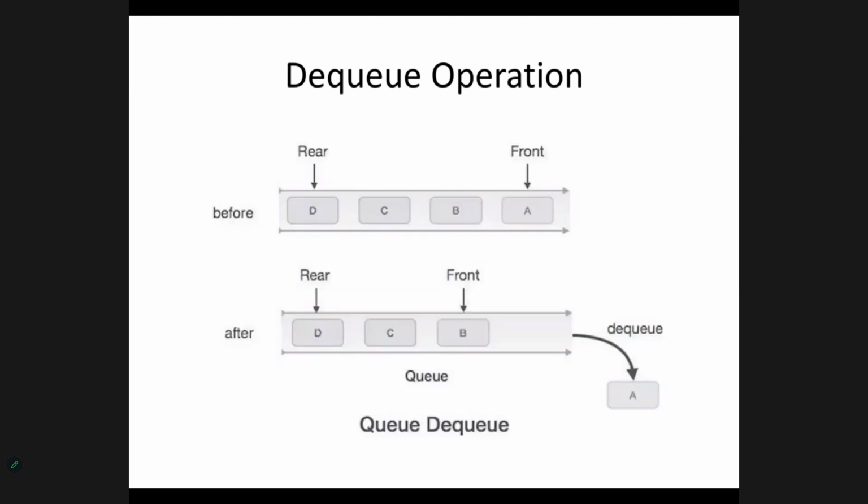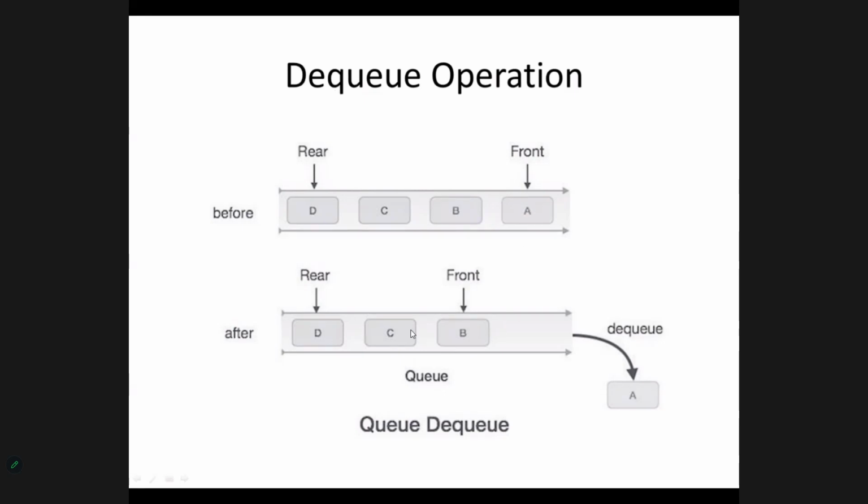Now graphically you can see what is happening there. This is before, that means the original queue, with 4 items: A, B, C, D. Front is pointing to A, rear is pointing to D. What will happen after deleting? From which end are we going to delete? It should be the front. That means the element A will be deleted.